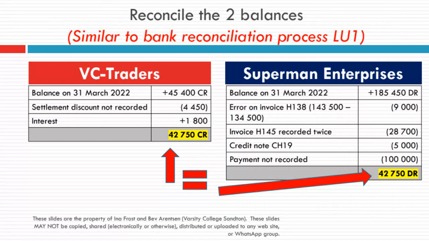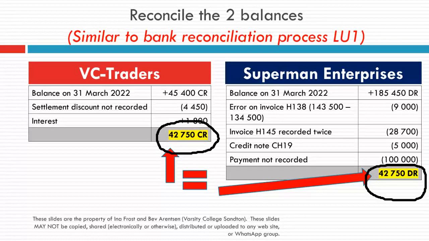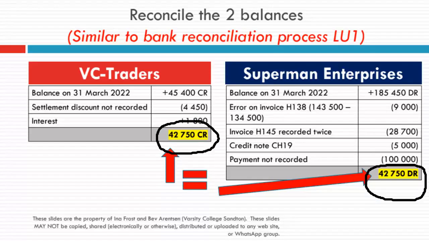And now that we've made all of our corrections, you can see that now the balance reflected by VC Traders is exactly the same as the balance for Superman Enterprises. So now the only amount that we are still owing to Superman at the end of March is this 42,750 rands.